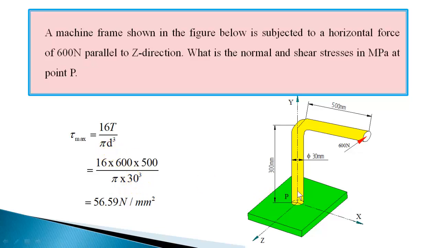D is the diameter of this, which is 30 mm. So pi d cube will give the shear stress due to this force at this point P on the surface of this rod. So the maximum shear stress on the rod at point P will be 56.59 Newton per mm square. So that is the maximum shear stress at point P.